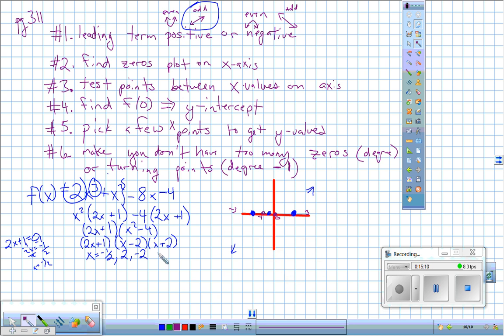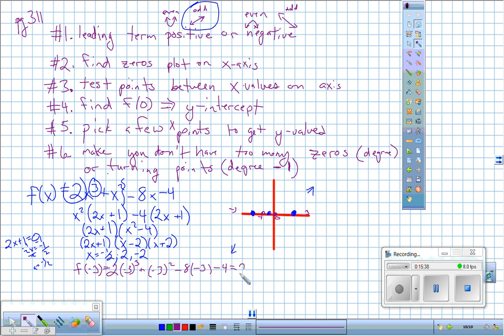Okay, so at -3, I'm going to plug in f of -3 first. And I'm just trying to decide if this is positive or negative. I don't actually have to go through and figure everything out. So I have 2 times -3 cubed plus -3 squared minus 8 times -3 minus 4. I'm going to kind of work off to the right side instead of going down so that I can save some room and keep my stuff here.